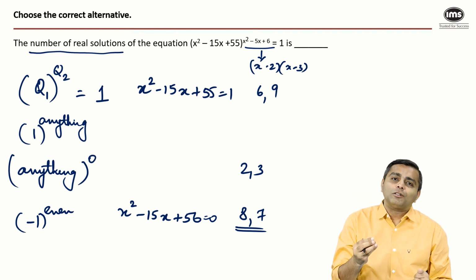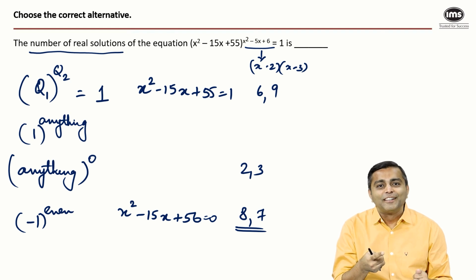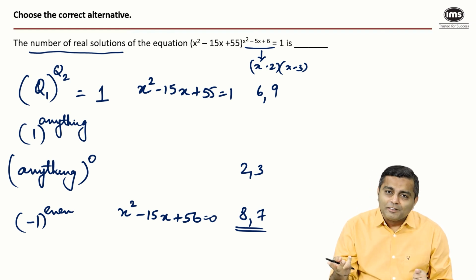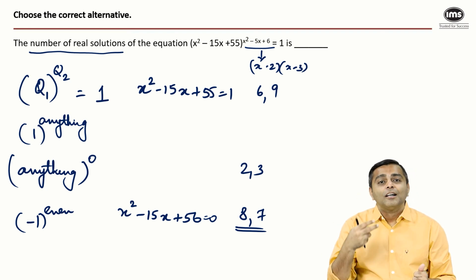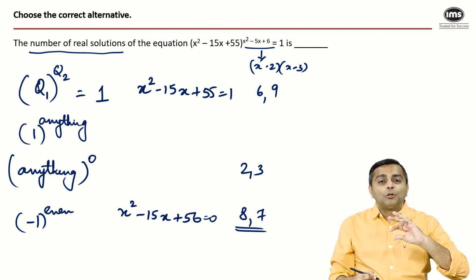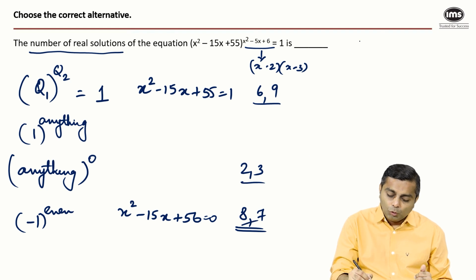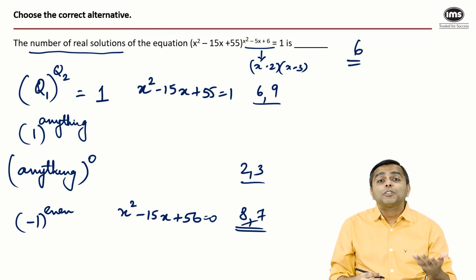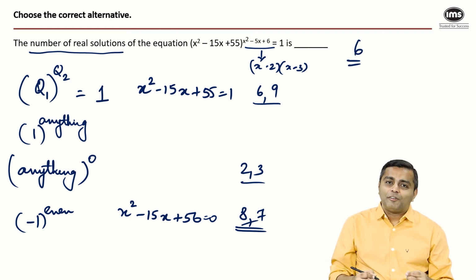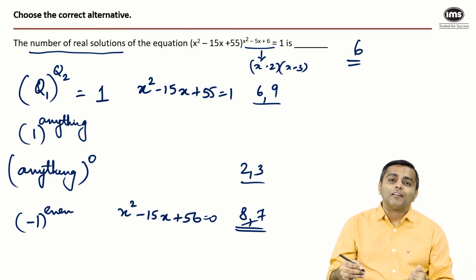If there are 2 consecutive numbers, one has to be even, and even into anything will always give us even, which means the power will always be even. So you don't really have to bother about it. That's about it. We have got 2, 2 and 2, a total of 6 values of x that satisfy the quadratic raised to quadratic equal to 1 equation.